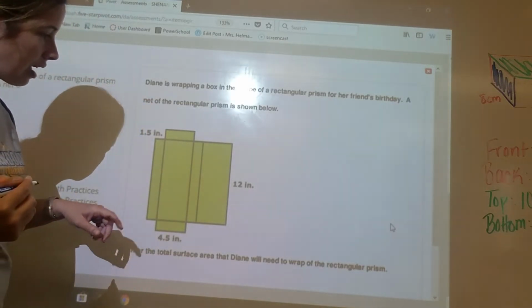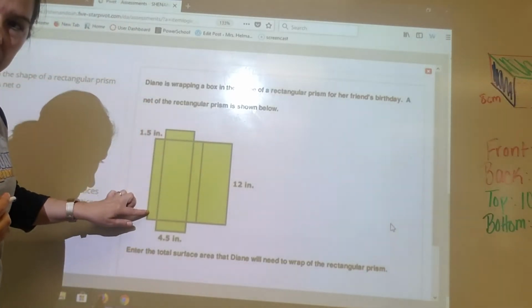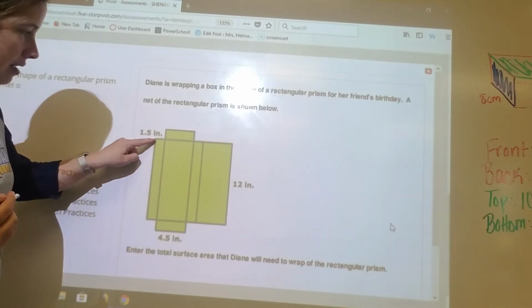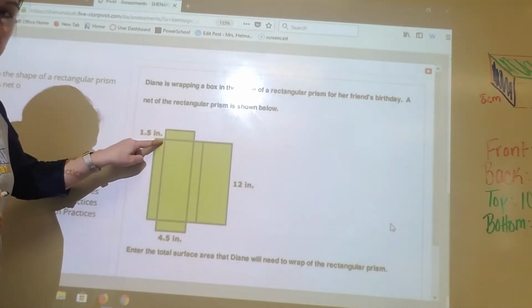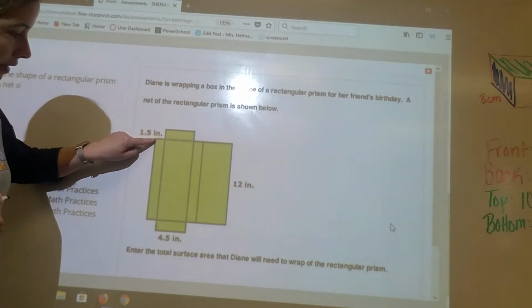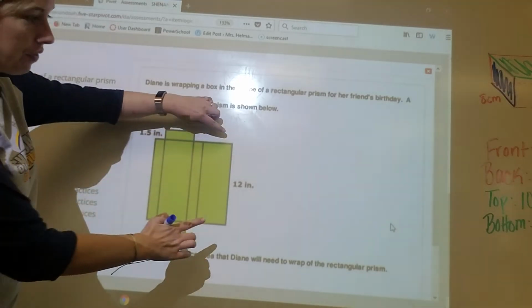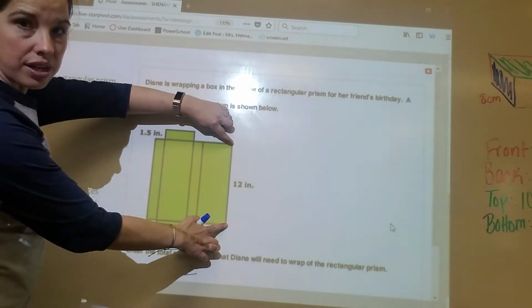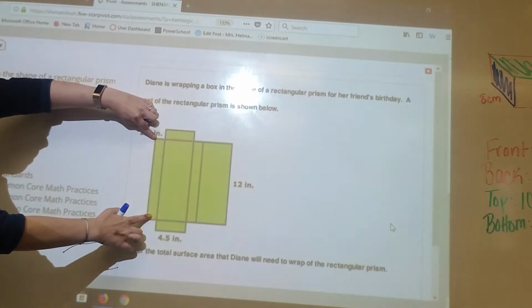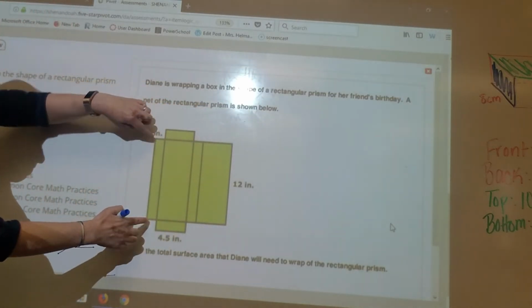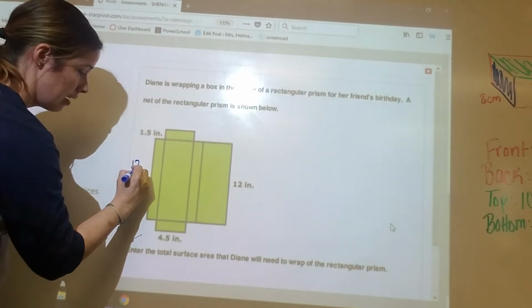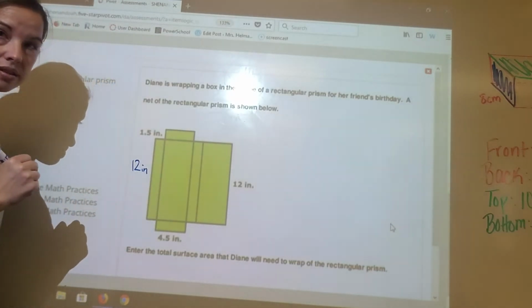So just like our irregular figures, we've got to figure out what are some of our missing dimensions. Okay, so if we look at this skinny rectangle right here it tells us that the width is 1.5. We've got to find the length, okay? Well, if you look right here, this is 12 inches. So if this is 12 inches, this is 12 inches, okay? So the length here is 12 inches.